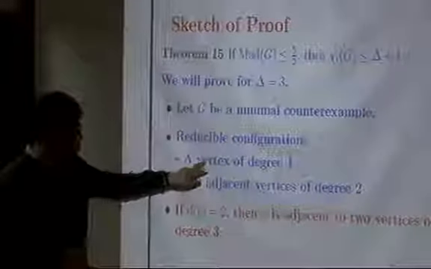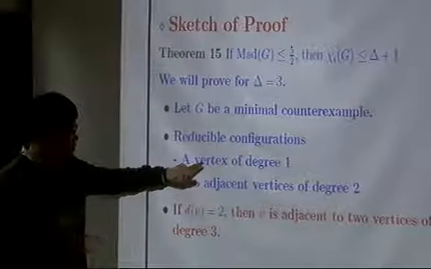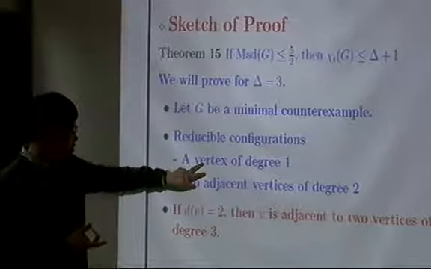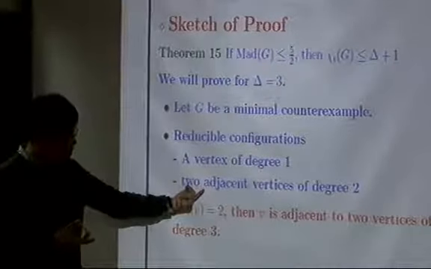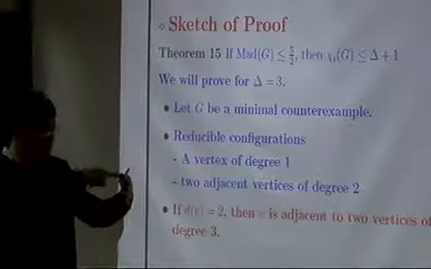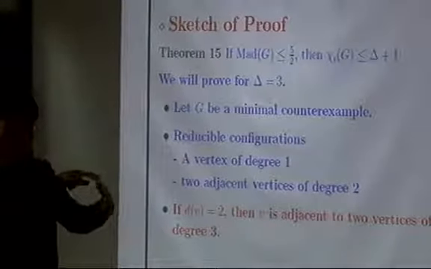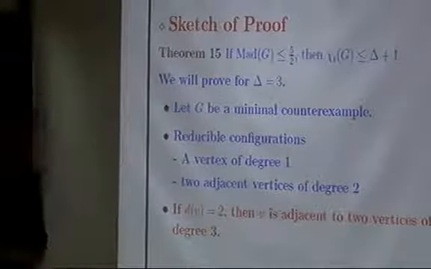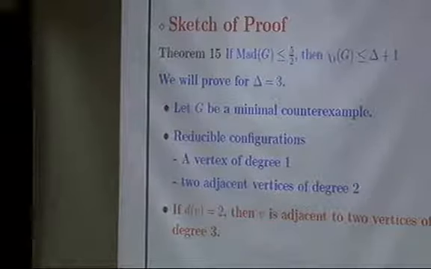So a vertex of degree 1, we can have this type of subgraph. Also, two consecutive degree-2 vertices, we cannot have this type of subgraph. Why? You can probably explain. Yes.